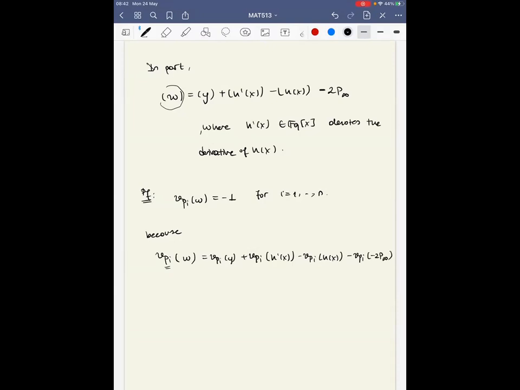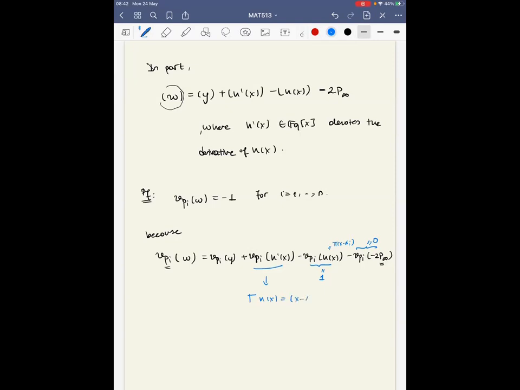Obviously since P infinity is different from the P_i, this valuation is going to be 0. And h of x is the product of distinct linear factors, so its valuation at P_i is going to be 1. We have minus 1 here.